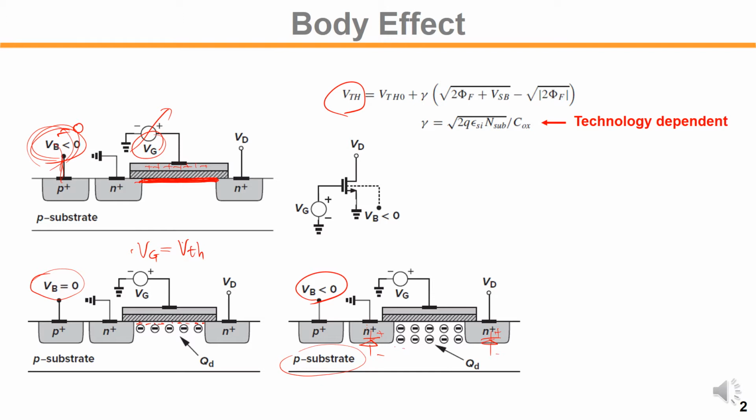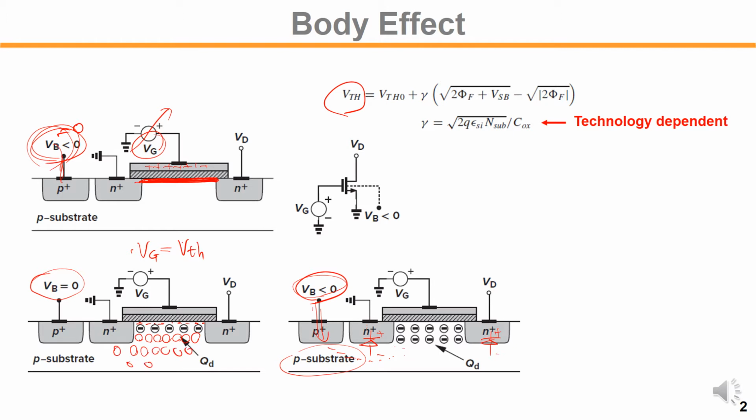Let's say if this is negative, then the positive charge will push electrons onto the P substrate, so they fill in the holes that were previously there.